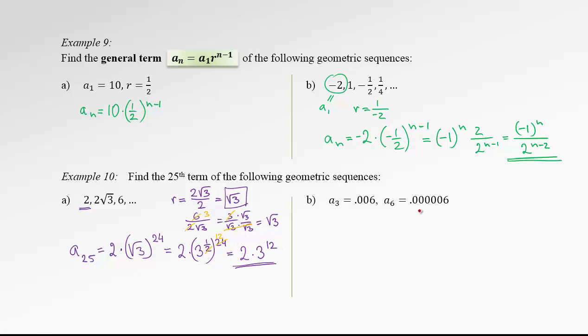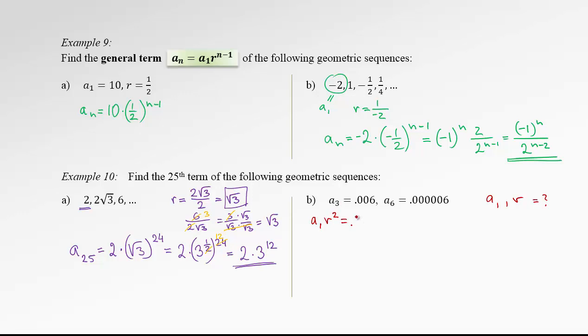And the next example. In order to find the 25th term, or the general term, we need to have a1 and r, right? Two unknowns. To figure it out, we really need a system of two equations. And we have two pieces of information, so yes, we can create two equations. a3 from the formula is equal to a1 times r to the 3 minus 1, so it's r squared.